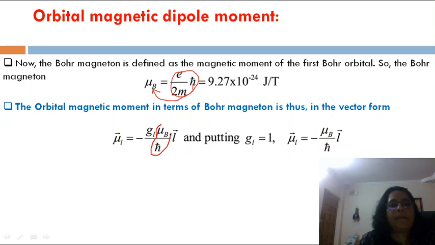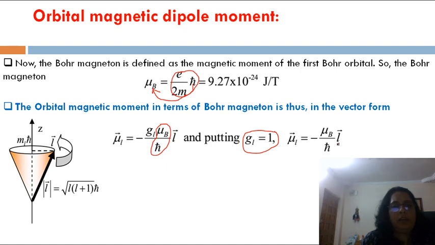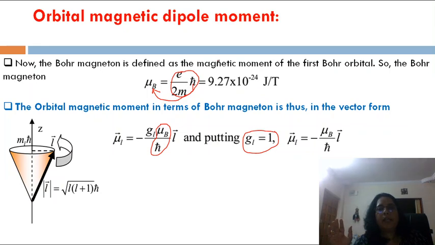G L is just the Landau orbital factor, which is used to count the degeneracy. Here G L is considered to be 1 for degeneracy. So we get mu L is equal to minus mu B by h cross L. This is simple replacement by Bohr magneton, which is related to the magnetic moment of the first Bohr orbit.